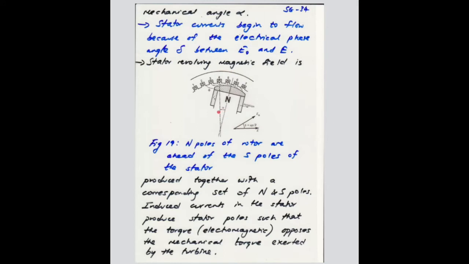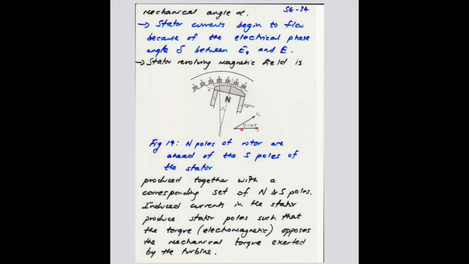As we've discussed, you can use a certain equation to convert alpha to delta. So delta is equal to alpha times P over 2, and you'll get the electrical angle delta, which you're more familiar with.